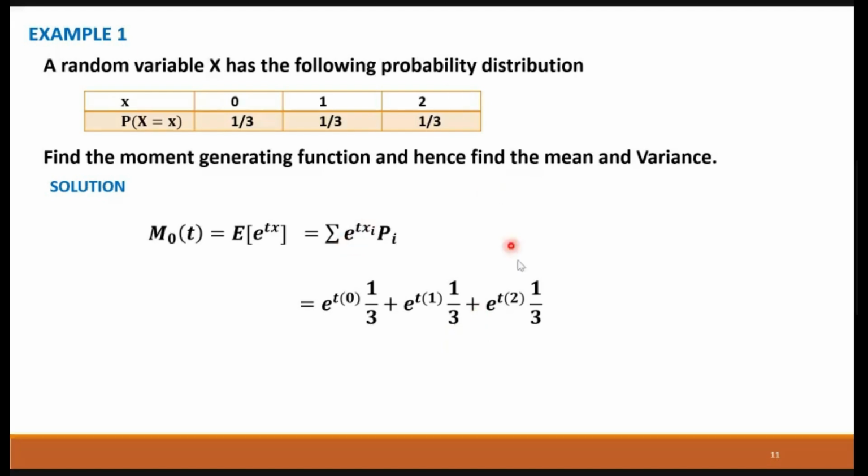When x takes the value 2, the probability is 1/3. Or I can take 1/3 common. We can write the moment generating function about the origin as 1/3 times (1 plus e raised to t plus e raised to 2t). Since they have not specified about any point, we have calculated about the origin.